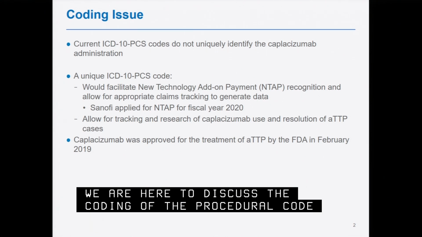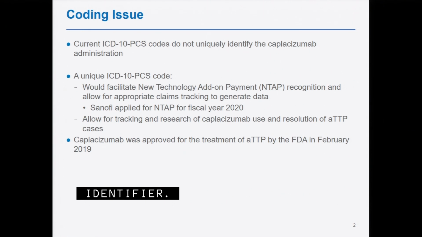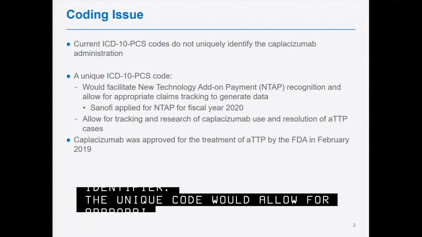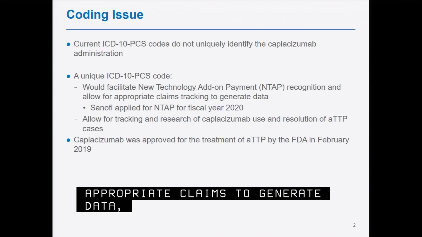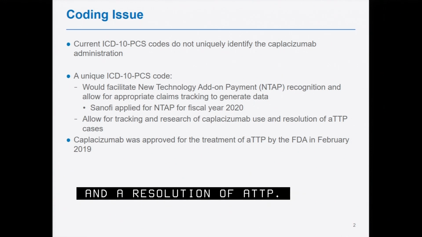A unique ICD-10 PCS code will facilitate the NTAP recognition and allow for appropriate claims tracking to generate data, support further research of caplacizumab use in the resolution of ATTP, and of note, Sanofi has applied for the NTAP for the fiscal year of 2020.